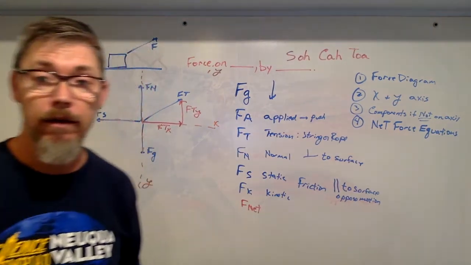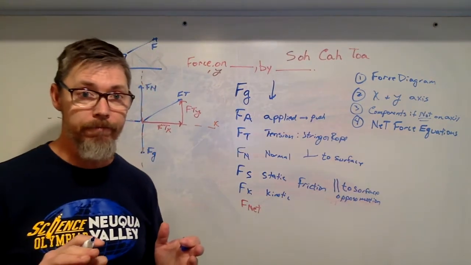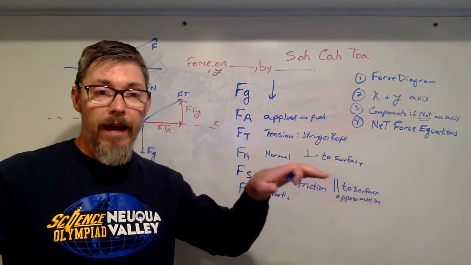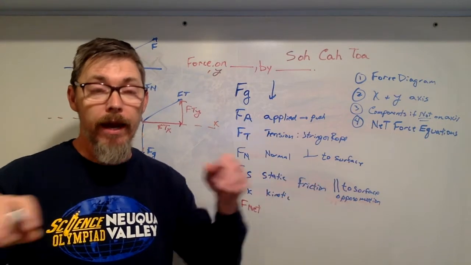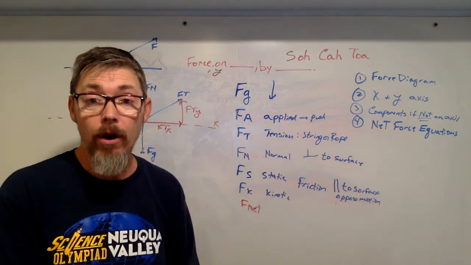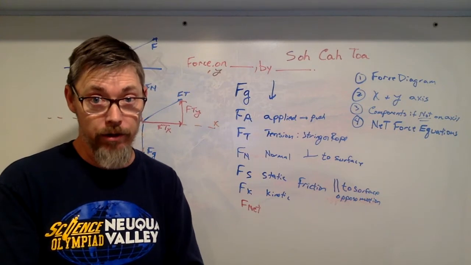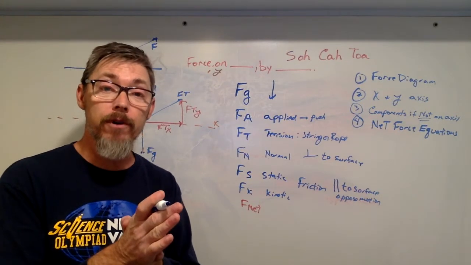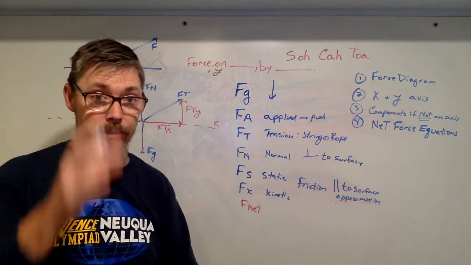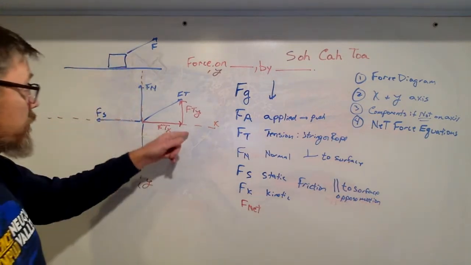What is that? Well, a net force equation is all of the forces acting in the x direction, and then we write another equation for all the forces acting in the y direction. We're going to always analyze the forces in 2 directions. That's why we needed these components.